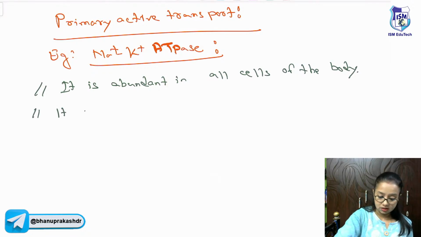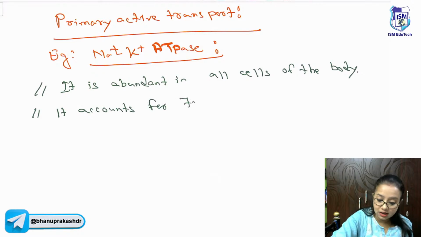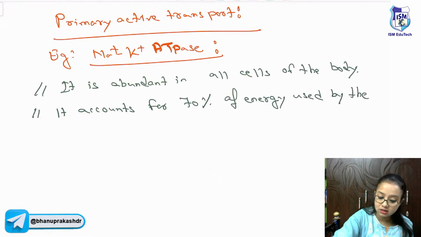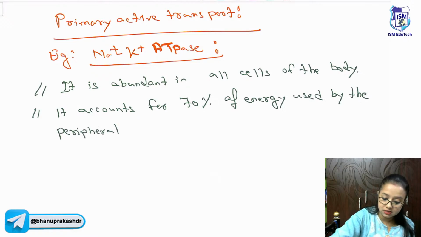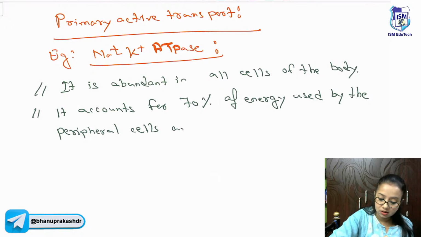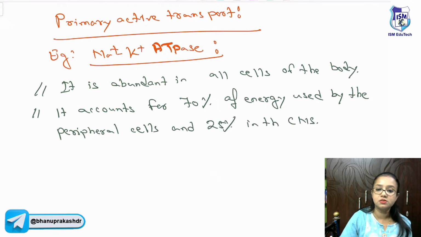It accounts for like 70% of energy used by the peripheral cells and about 25% in the central nervous system cells.